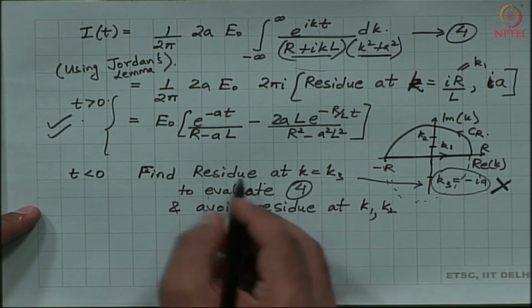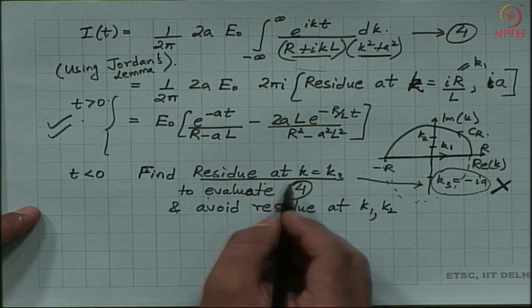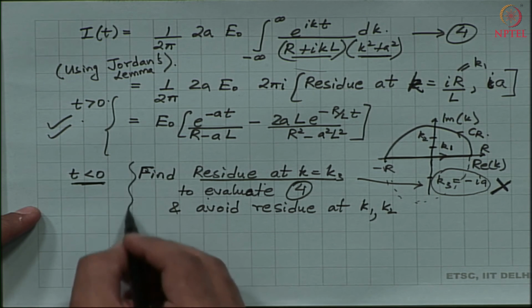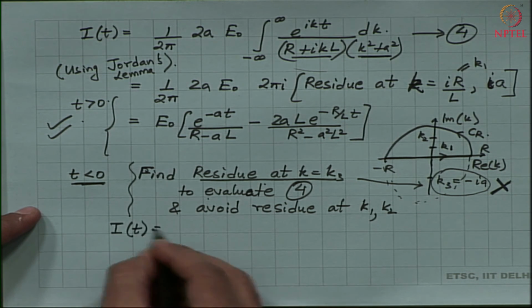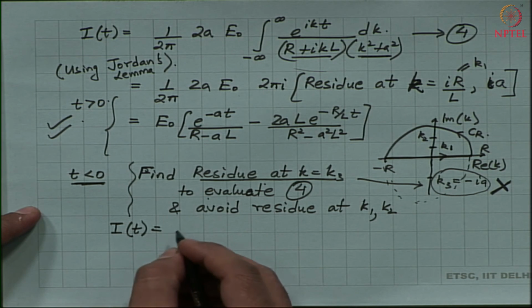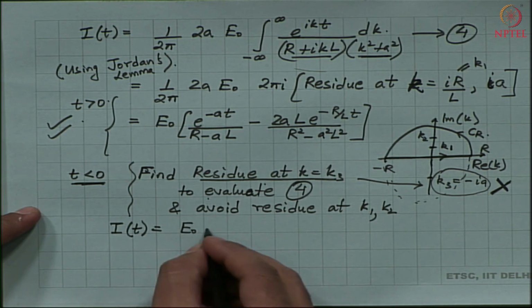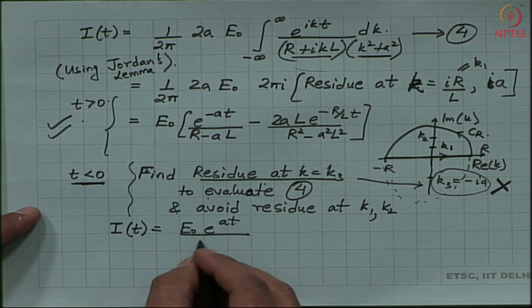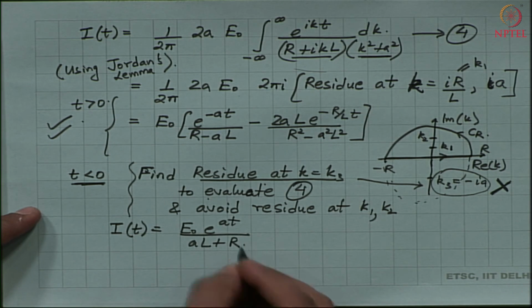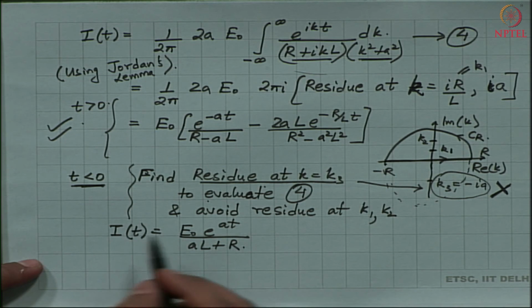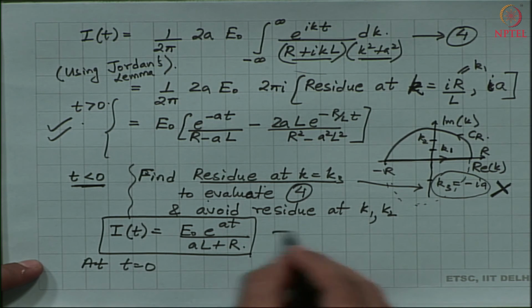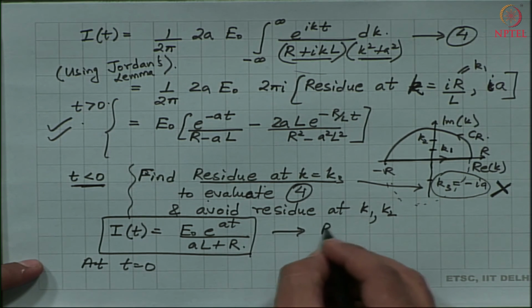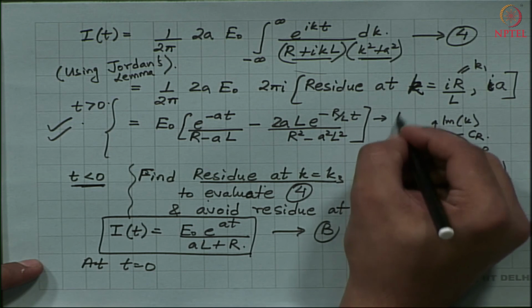So, all I have to do will be to evaluate the residue at k equal to k3, okay, for t less than 0. And let me write down the answer. In that case, my I(t), my current, becomes E naught e to the power at divided by (al plus r). Okay, you can check that at t equal to 0, let me call this expression as b and this expression as a.